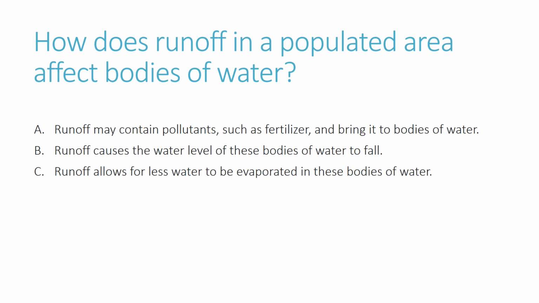How does runoff in a populated area affect bodies of water? A. Runoff may contain pollutants such as fertilizer and bring it to bodies of water. B. Runoff causes the water level of these bodies of water to fall. Or C. Runoff allows for less water to be evaporated in these bodies of water.